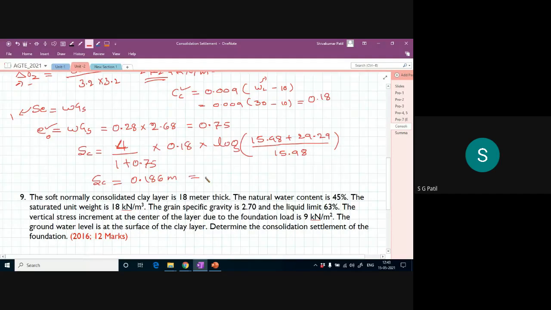Meter. So if you want to convert it into mm, then 186 mm. So 186 mm is a very big amount. Usually 50 to 60 mm is the allowable limit. That means the settlement is more here.